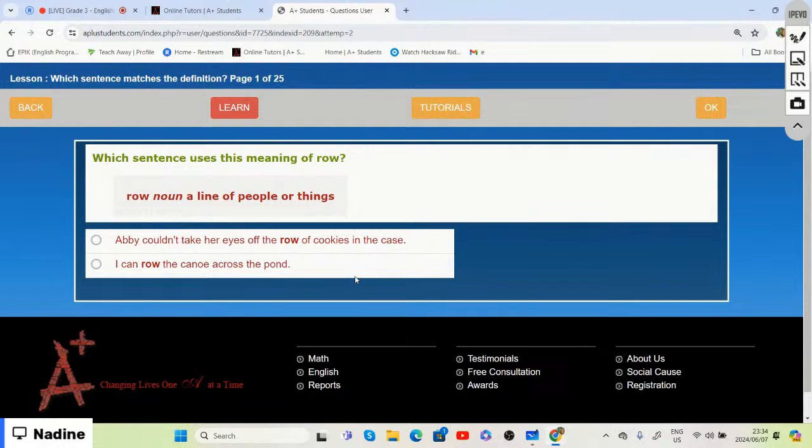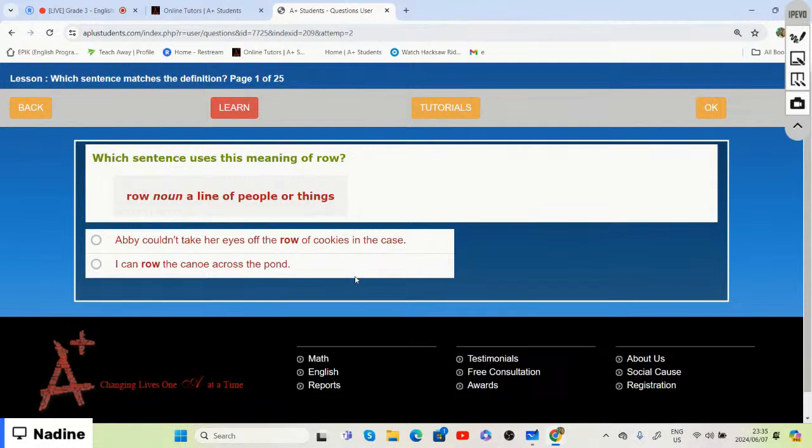And it says Abby couldn't take her eyes off the row of cookies in the case.